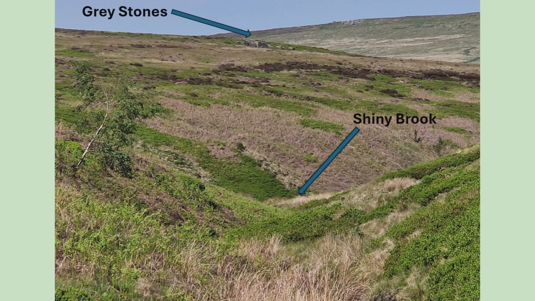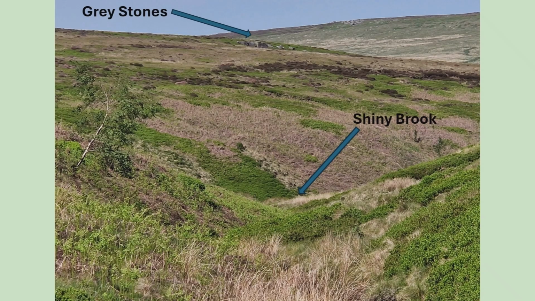If we now consider how Brady might have come across Greystones, he frequently used to walk in this area of the moor with Hindley, as it was one of their favourite spots. They would park up at the Hoe Grain lay-by on the A635, then walk down the Hoe Grain Valley that follows the stream, down to the junction with another stream, Shiny Brook, that runs parallel to the road.